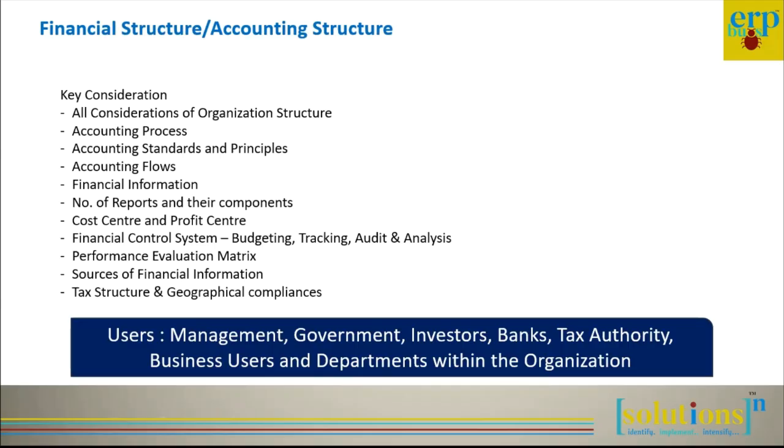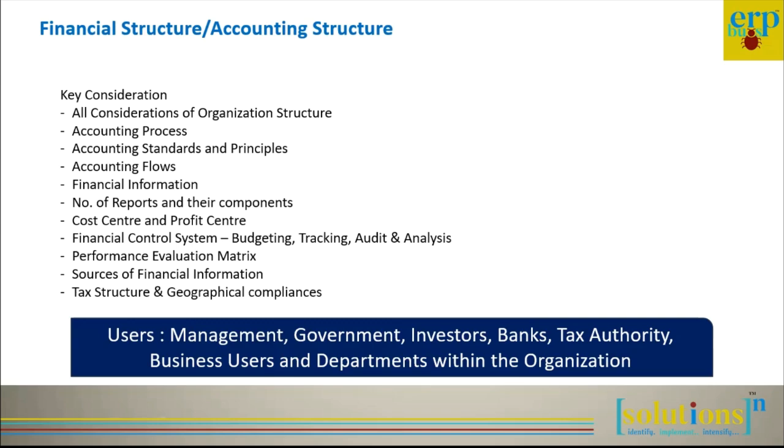Every country has its own accounting system, and on top of that you have IFRS. So based on the process that you are going to follow in the enterprise, the structure will also change. Accounting standards are quite related to the process.